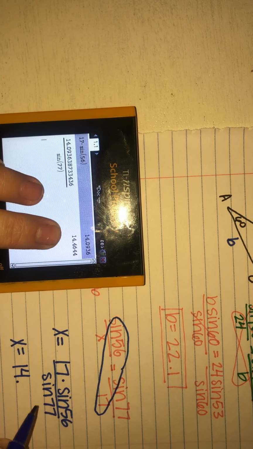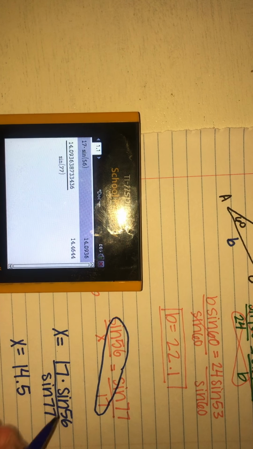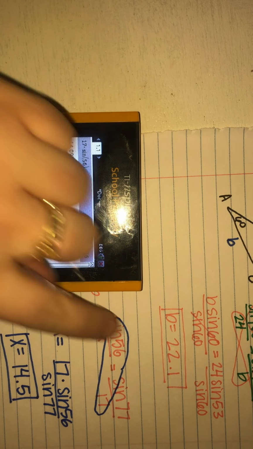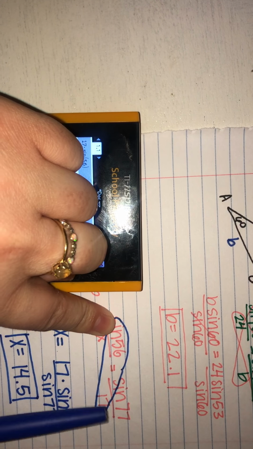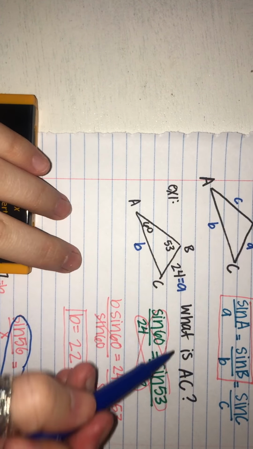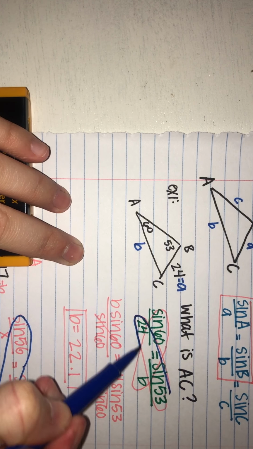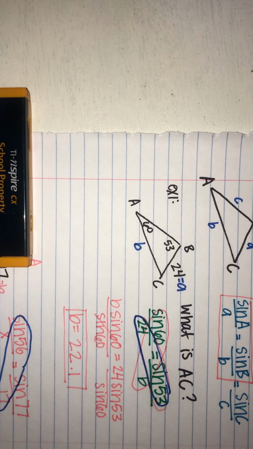So the side is equal to 14.46. We're going to round to the nearest tenth, so that would round up to 14.5. So again, we cross multiply and divide. Here we cross multiplied these two and divided by that one.